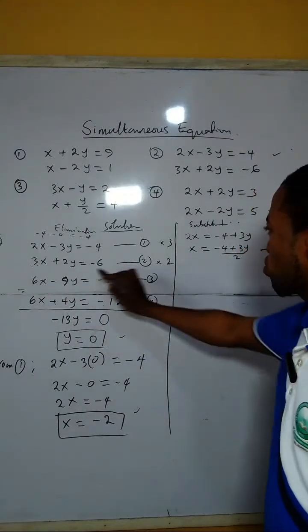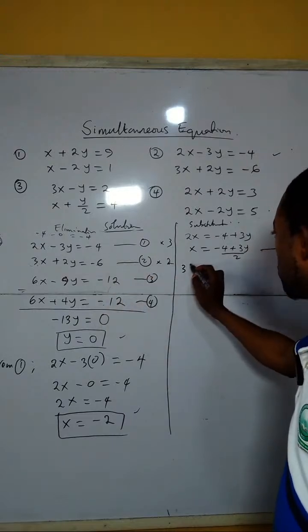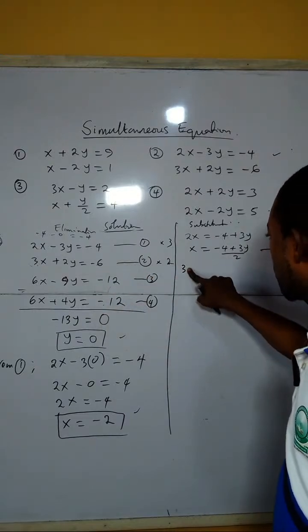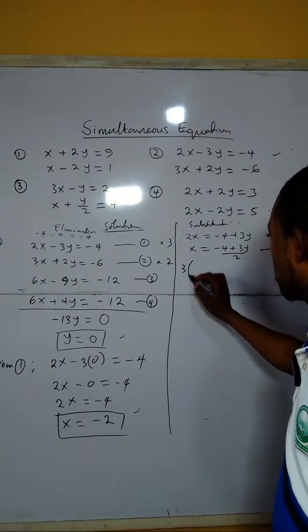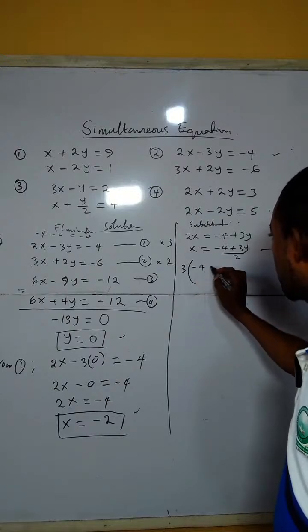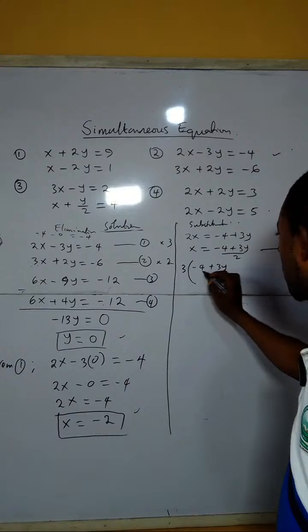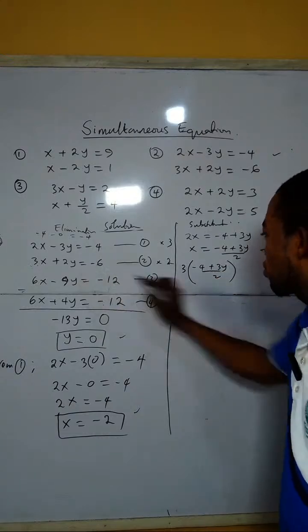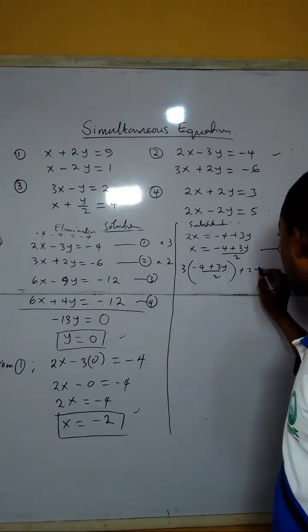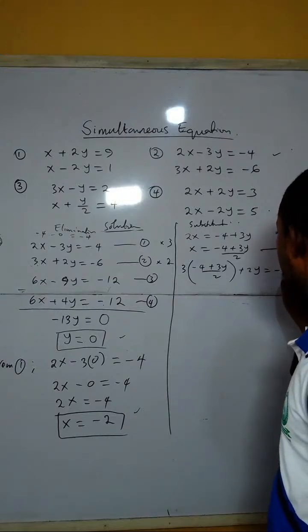That is, equation 2 will then become 3 multiplied by x, which is 3 times minus 4 plus 3y over 2, then plus 2y equals to minus 6.